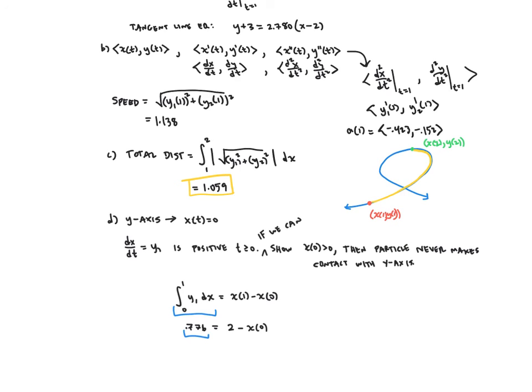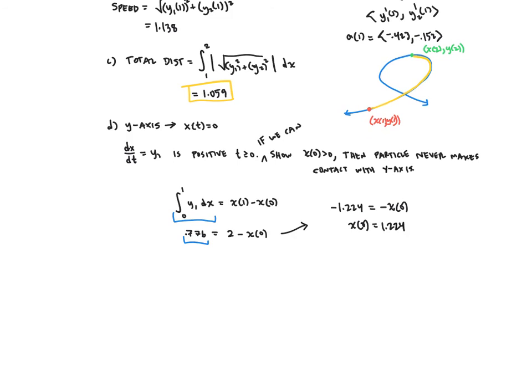So if I subtract 2 from both sides, running out of space here, then I get negative 1.224 is equal to the opposite of the initial position of the x value. Therefore, x of 0, or the initial x value, is to the right of the y-axis. Thus, I'm going to just write a therefore statement.